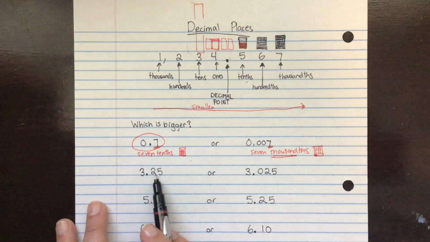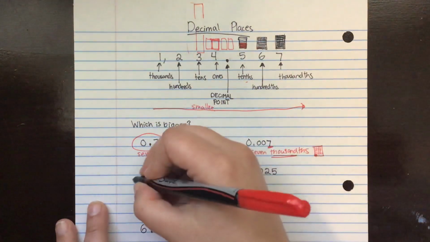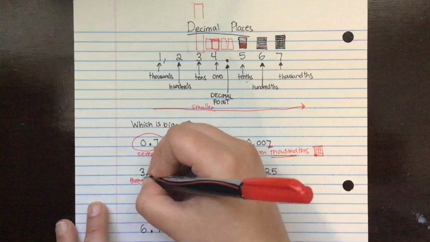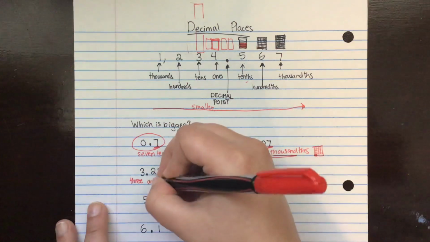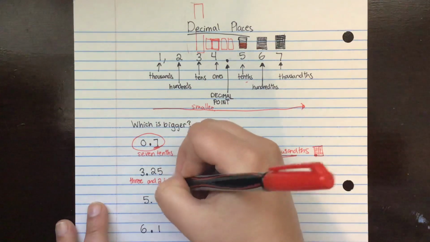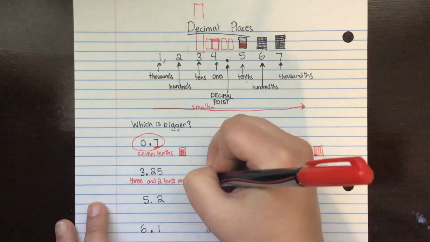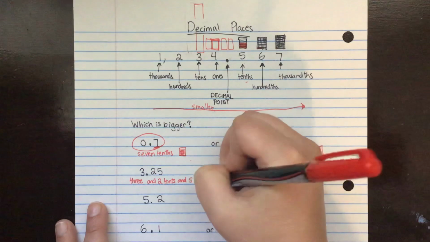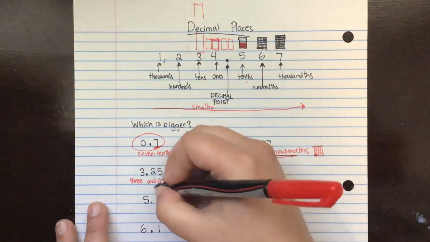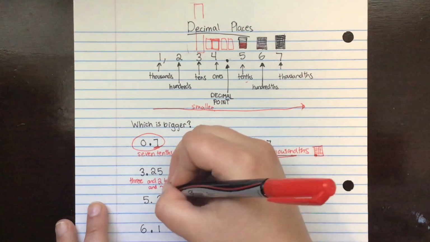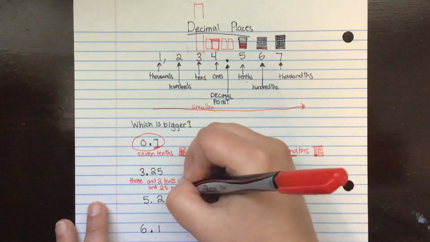Let's move on to this one. We have 3.25. So we have 3, and then I have 2/10, and I have 5 hundredths. Now if we wanted, we could also write this as 3 and 25 hundredths.